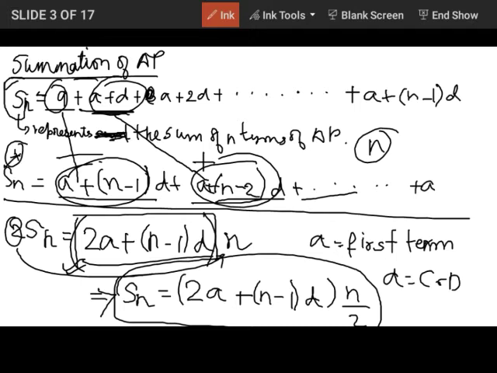And since there were n terms, we are going to get n times this whole expression, and we have derived the formula. The derivation is not necessary for PRMO, the formula is, so remember this result.